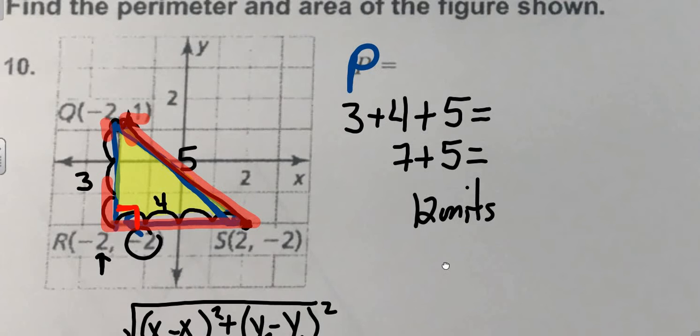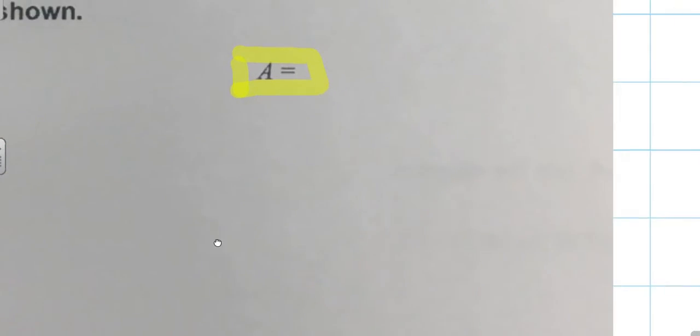Now, to find the area, I'm going to bring this over here. Let me redraw the triangle. This is 3, this is 4, this is 5. We want to find the area of a triangle.